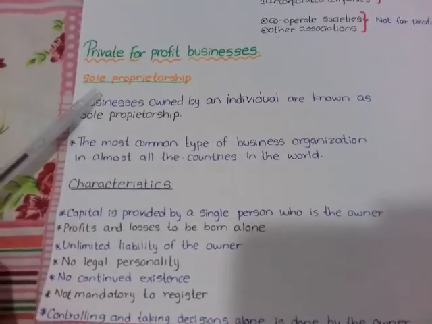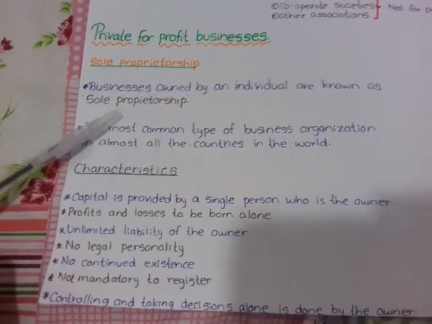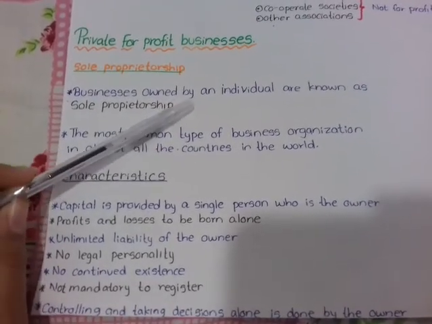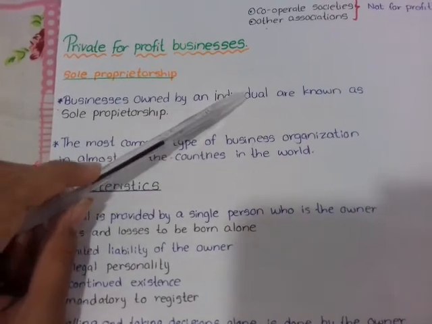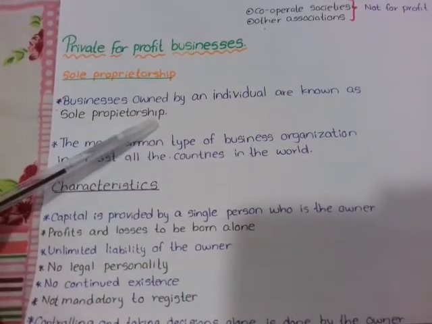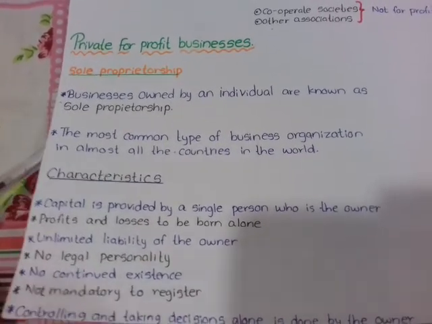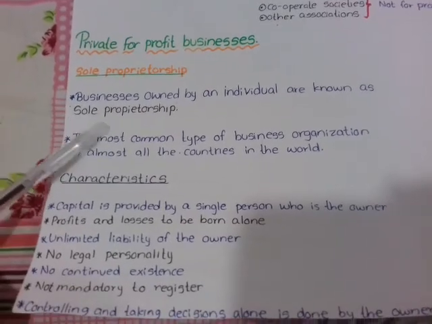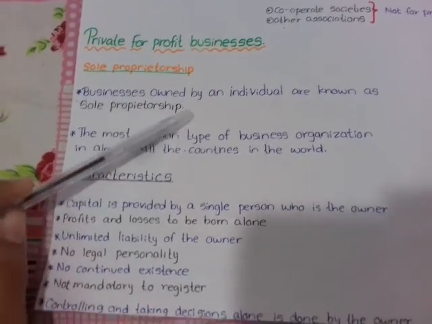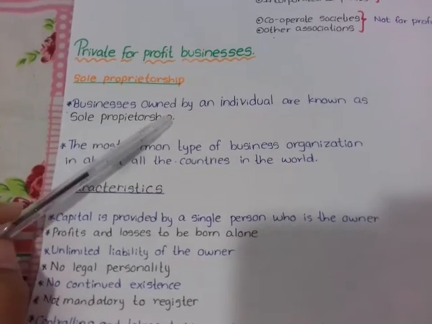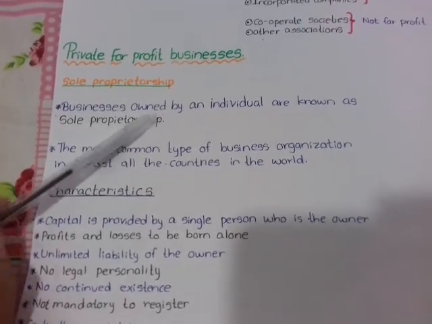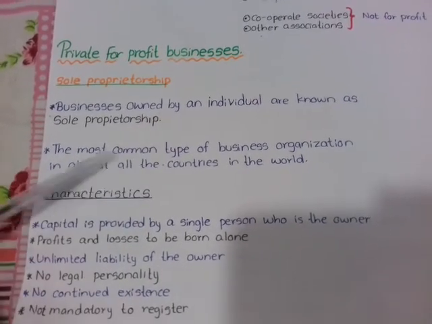So what is sole proprietorship? The businesses owned by an individual are known as sole proprietorship. Here the word sole means one person, an individual. So from that itself we can conclude that this is owned by an individual.